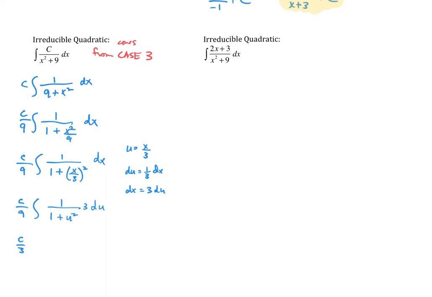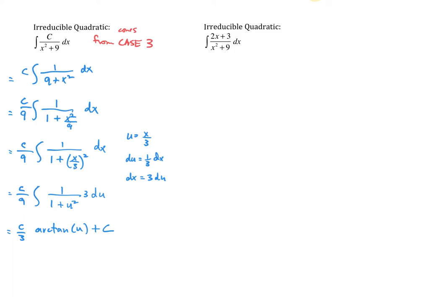And then when I find the antiderivative of 1 over 1 plus u squared, that's just going to be equal to arctangent of u plus c. And I just have to make sure that I change it back to x. So I'm going to get c over 3 arctangent of x over 3 plus c. So let me highlight that guy.